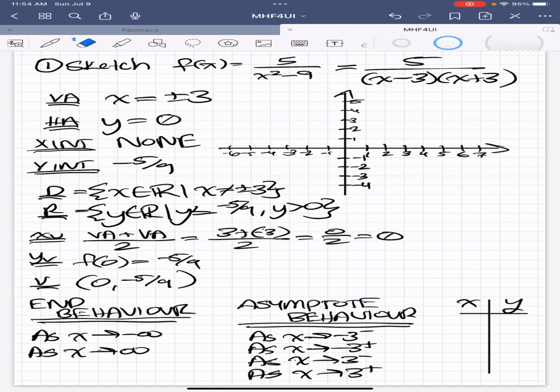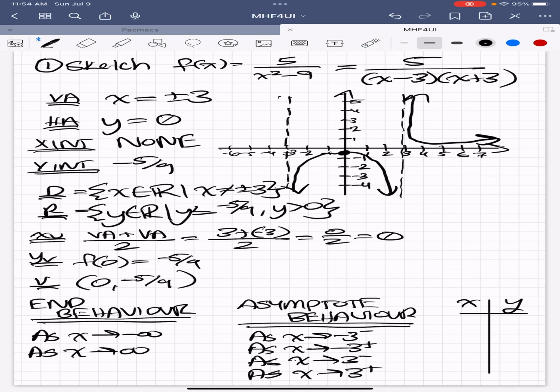Okay, let's graph. Okay, so we have our graph here, and let's do end behavior.